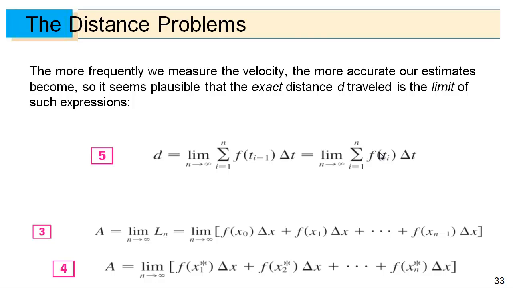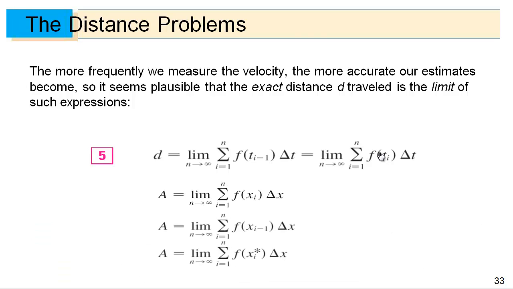If we did the intermediate points, it's the same idea. And you can see the area expressed three different ways, whether we did a right hand, a left hand, or somewhere in between. These sums end up looking just like the sums for distances.